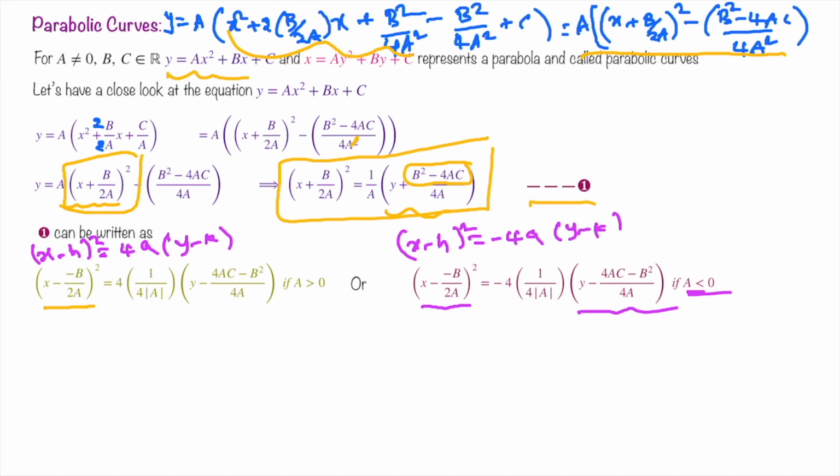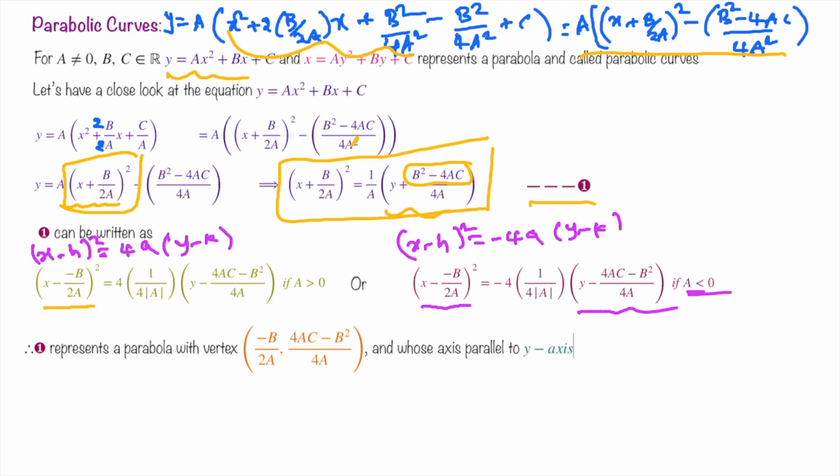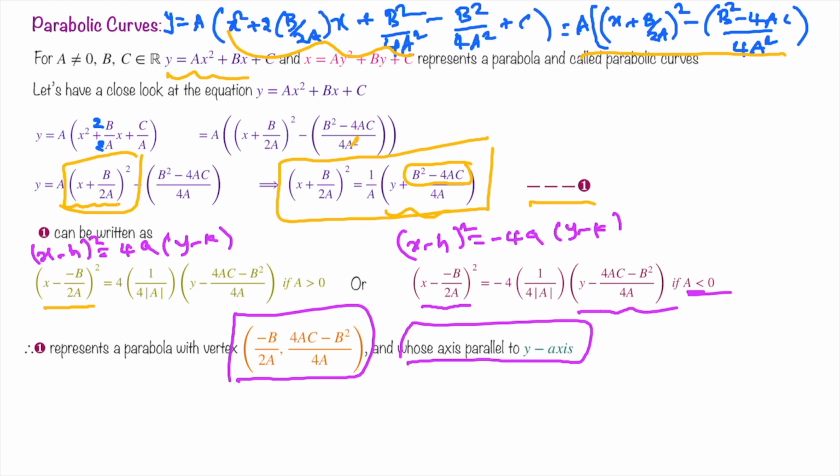We know this is the equation of the parabola with the vertex h comma k, here minus b by 2a comma 4ac minus b square by 4a, and whose axis will be parallel to the y-axis. So we can say that this represents a parabola with vertex minus b by 2a comma 4ac minus b square by 4a, and whose axis is parallel to the y-axis.